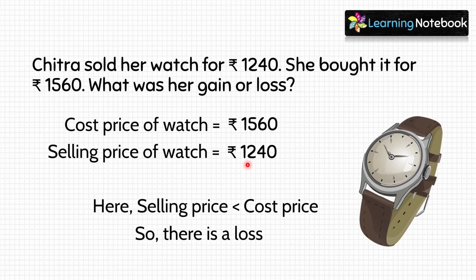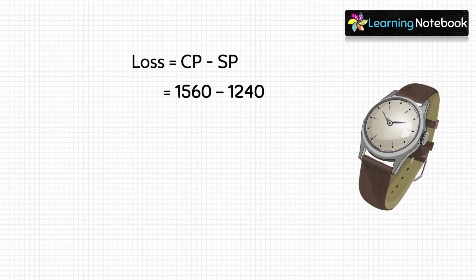Now let's calculate this loss. We learned loss equals to cost price minus selling price. Let's put both the values here, and on subtracting these two values, we get rupees 320 as the loss.